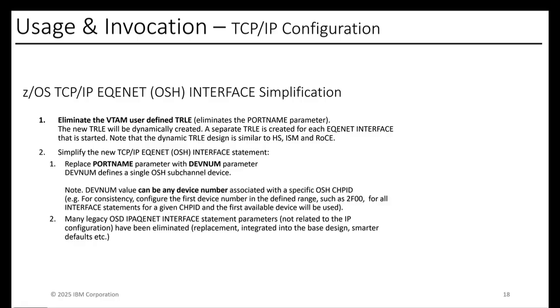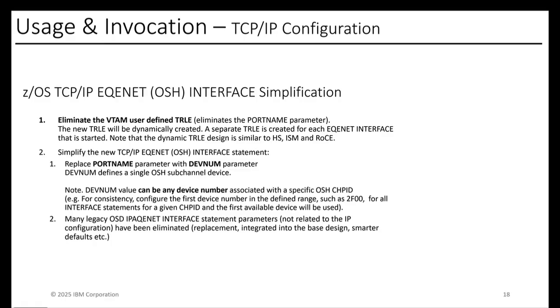If you want to display those in the VTAM world, there's a major node called IST TRL, and that's where all dynamic TRLEs are built and managed. Okay, so simplicity is one of the main goals here, along with performance. You're going to find that the new EQENet interface is a dumbed down, smaller subset of the parameters that we used to have.